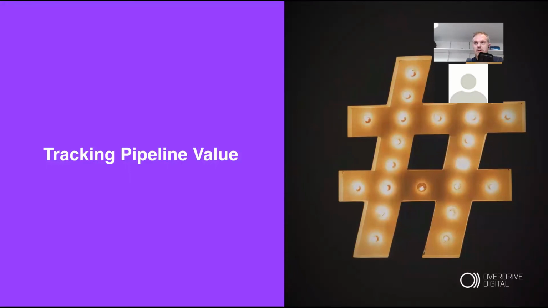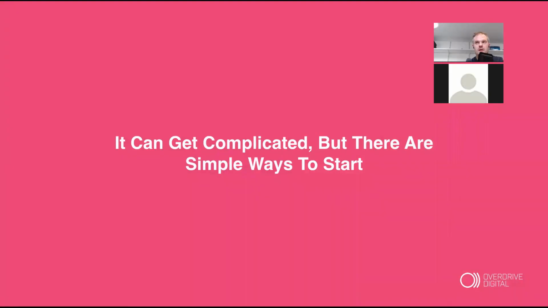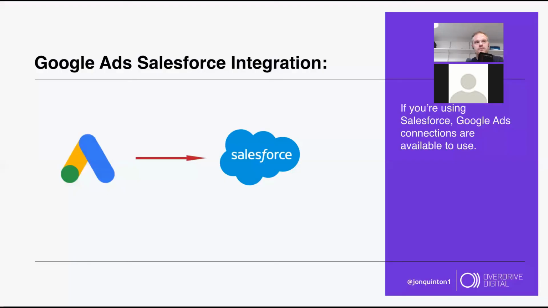Following on from goal conversions, pipeline value is a really big deal with B2B. I want to know if I'm spending X amount of money on this campaign or this set of keywords, what's the eventual pipeline value for the business? Otherwise, I could be just sending lots of leads that aren't really making a difference.